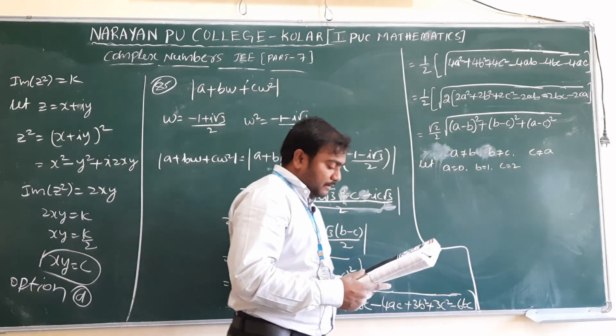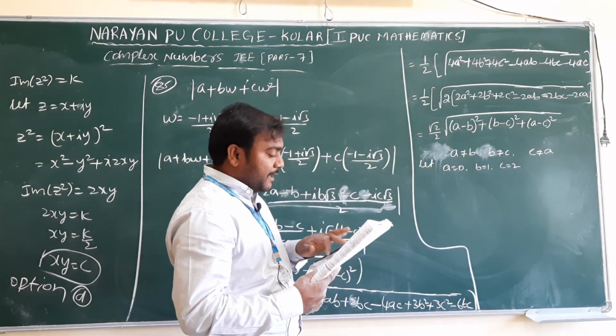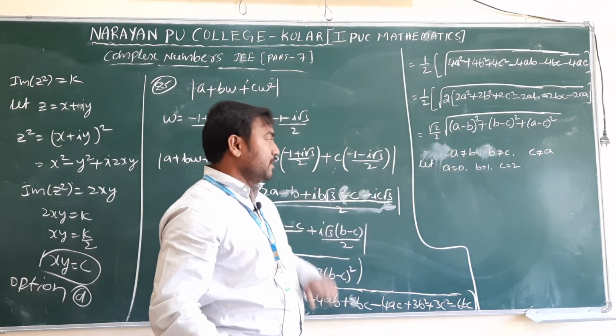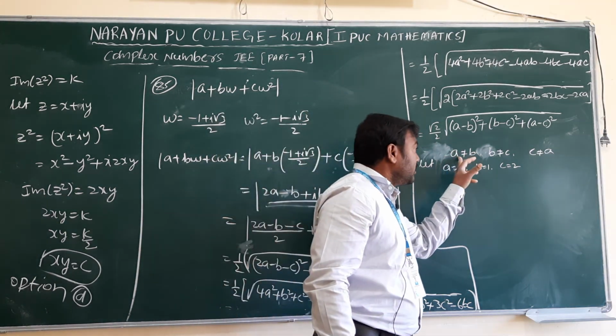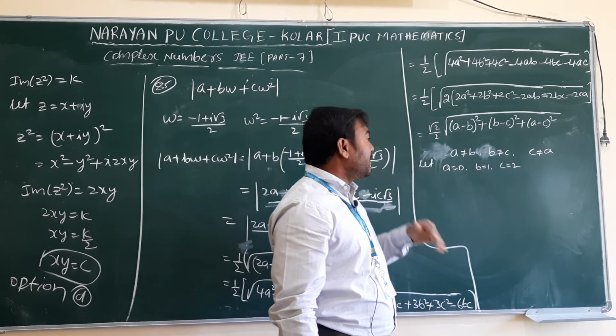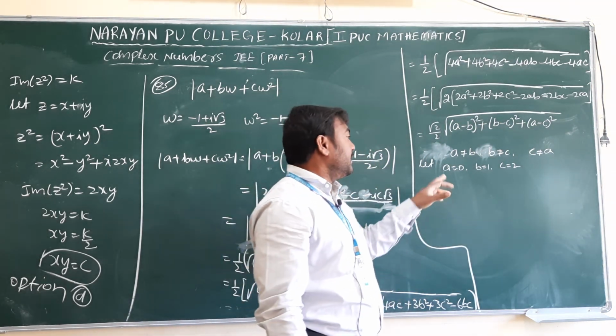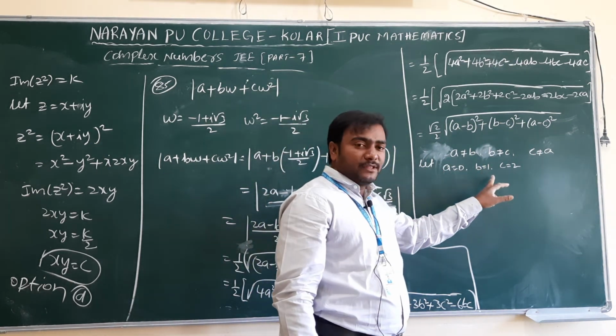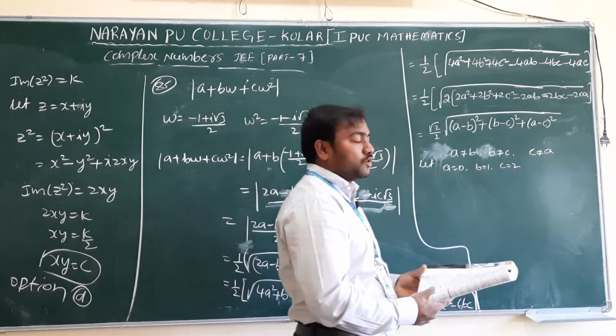In the question it is clearly given that a, b, c are integers, no two of them being equal: a is not equal to b, b is not equal to c, c is not equal to a. If we want the minimum value, let a equal 0, b equal 1, and c equal 2.